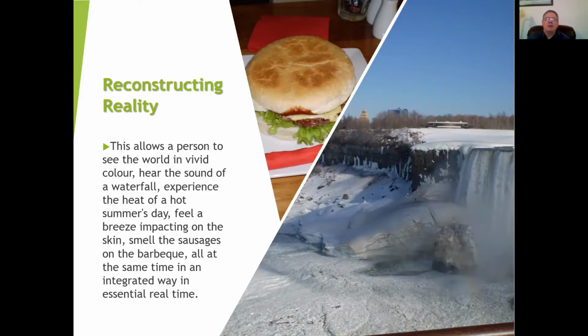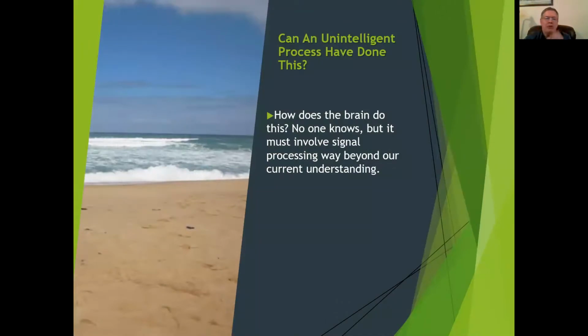And I say essentially real time because action potentials travel at a finite velocity, up to a max of about 120 meters per second, which is in large diameter axons. Now, no one knows how the brain does this, but it surely involves signal processing orders of magnitude beyond anything we've got. Is it really feasible for an unintelligent process to have done this without plan or purpose?